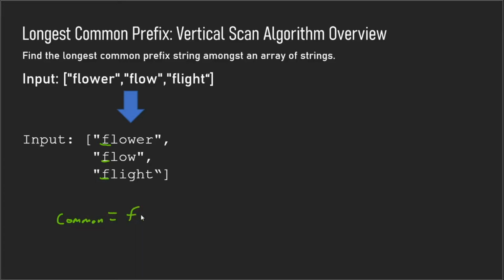So we would add the string F, and then we move on to L, and we see that every single one of these array elements has the letter L, so we would add that. Then we go to O, and we find that we have an I here, so that is not part of our longest common prefix. So we would just return the FL here.